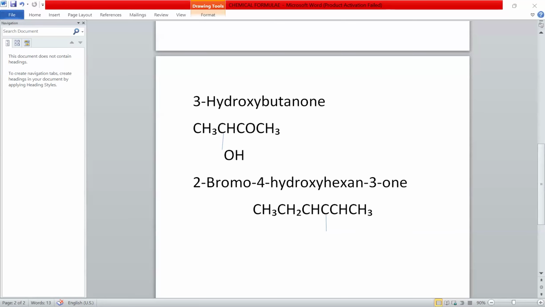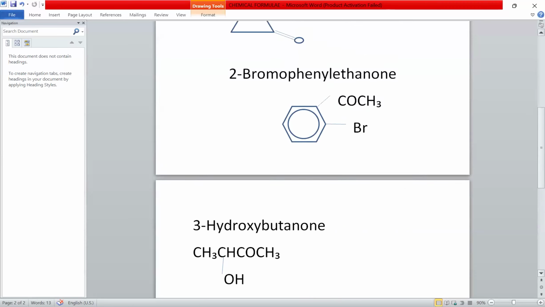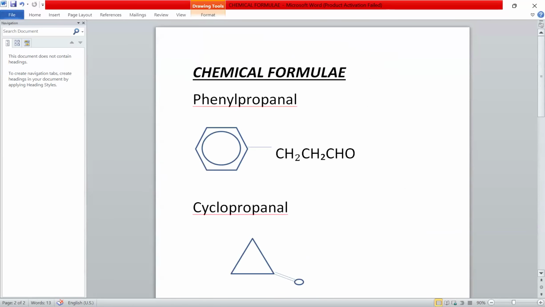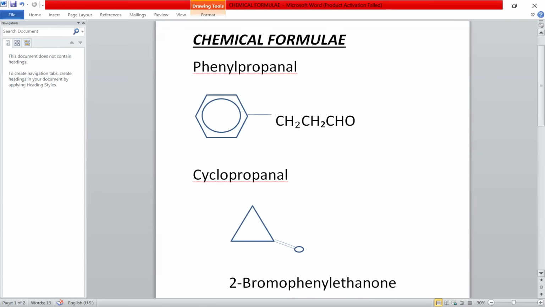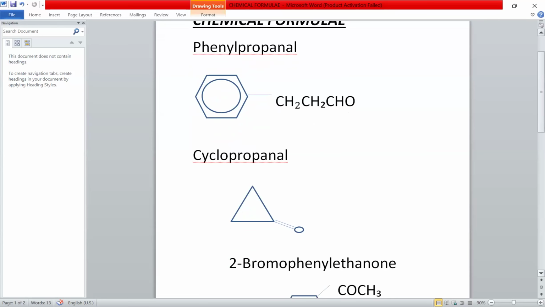Then I am not done. The first one, phenylpropanol. Okay, that is okay. Cyclopropanol.